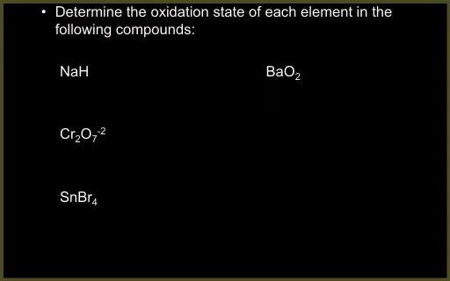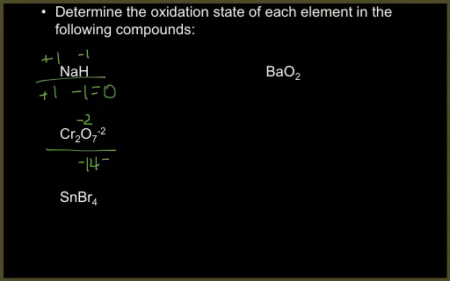In this case, this is where hydrogen is combined with a metal, and I think we actually did this one earlier. If hydrogen's with a metal, it's actually a -1 instead of a +1. So that gives me a -1. The compound is neutral, so it has to equal 0, which means sodium has to be a +1. Second example, oxygen, I'm going to assign -2, so that gives me a -14.